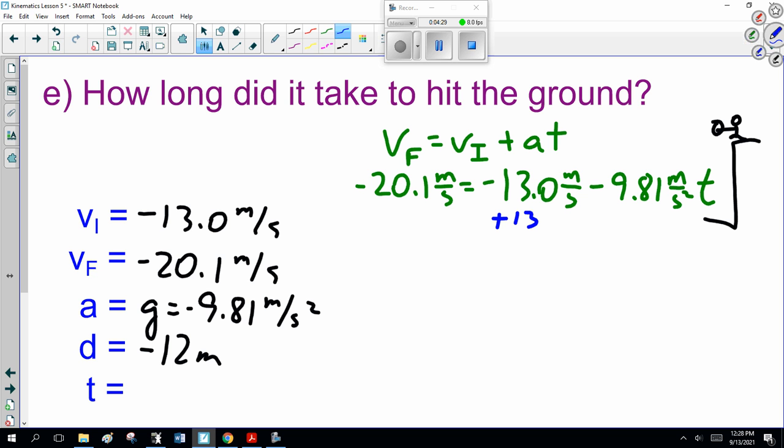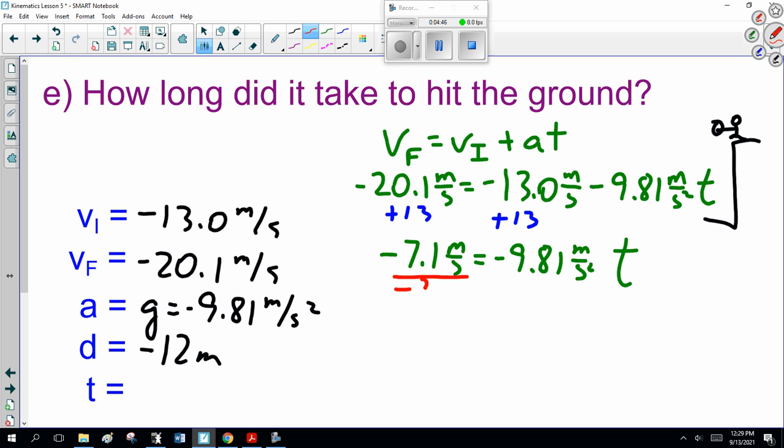Add 13 meters a second to both sides. This is minus 7.1 meters per second equals minus 9.81 meters per second squared times time. How do you get rid of times negative 9.81? Divide both sides by negative 9.81.